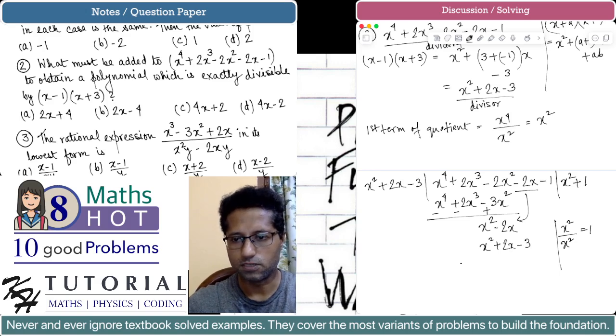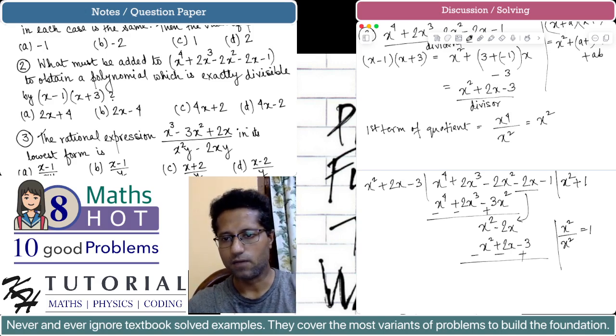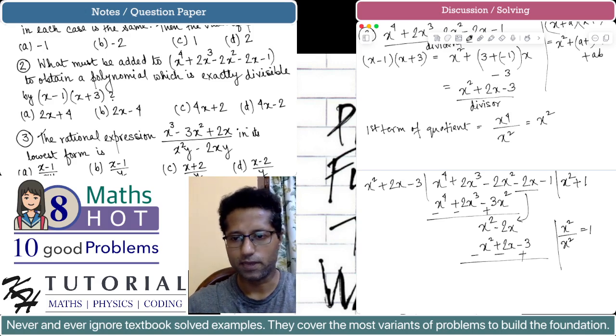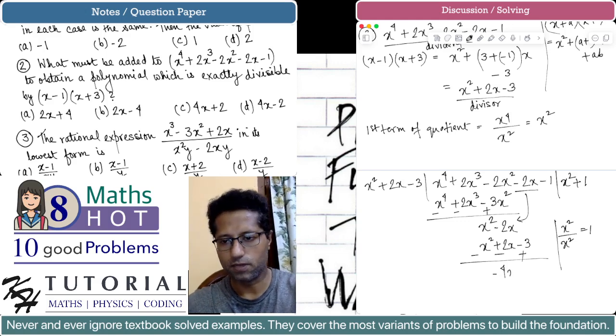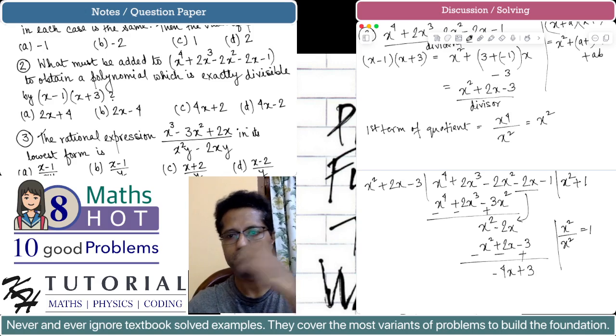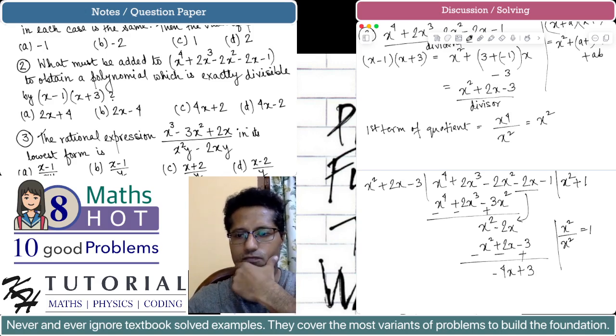We have to subtract this, so minus plus, x square cancels out. We have minus 4x, and we have minus 4x plus 3. Minus 4x plus 3. Okay.